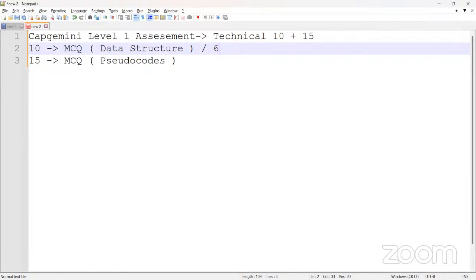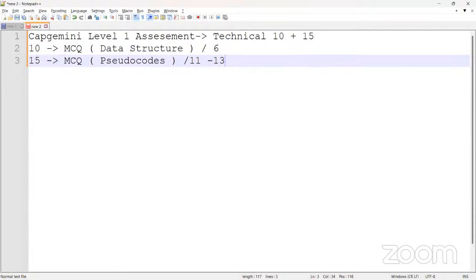And out of these 15, I require a minimum of 11 and a maximum of 13 pseudocodes to be correct. If that gets done, you are done with this round and have cracked it; you then need to prepare for the next. Now, as we need to crack this, we need 6 questions out of 10 from data structures and 11 to 13 questions out of 15 from pseudocodes.